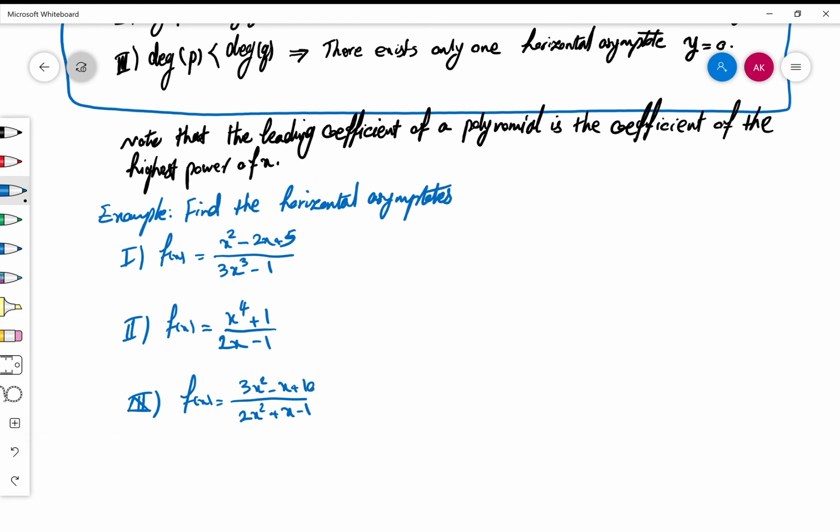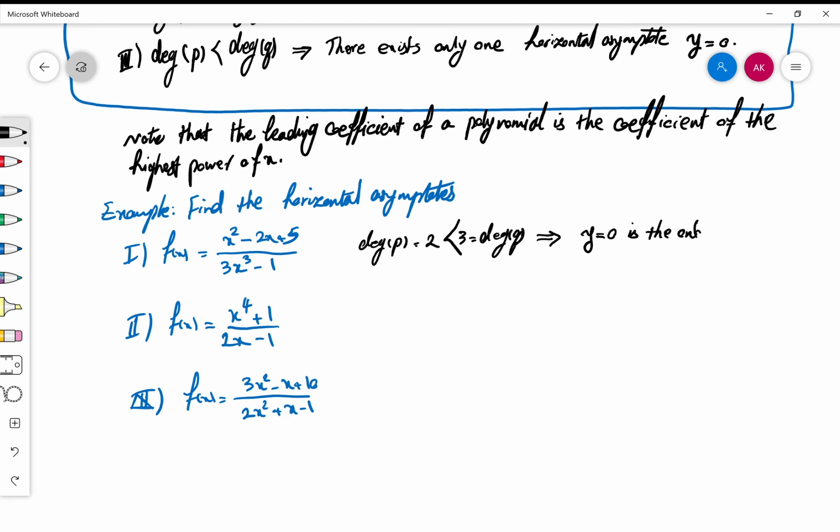Look at these. All three of them are rational functions, and we have to check the degrees. In the first, the degree of the numerator is 2 and the degree of the denominator is 3. The degree of the denominator is bigger, which means y equal to 0 is the only horizontal asymptote.